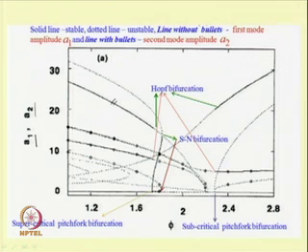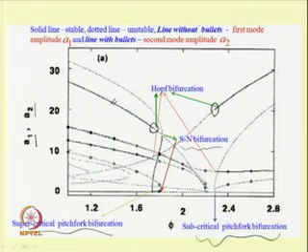For example, here one can observe the supercritical pitchfork bifurcation point, and here the subcritical pitchfork bifurcation point. Similarly, these points correspond to saddle node bifurcation points, and this point corresponds to a Hopf bifurcation point. This is also a Hopf bifurcation point.